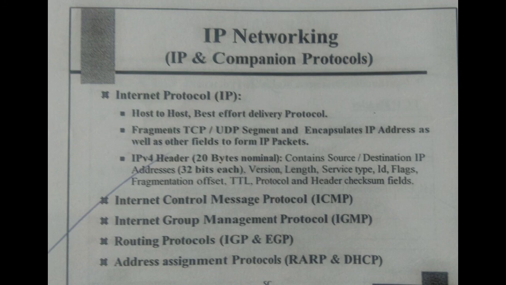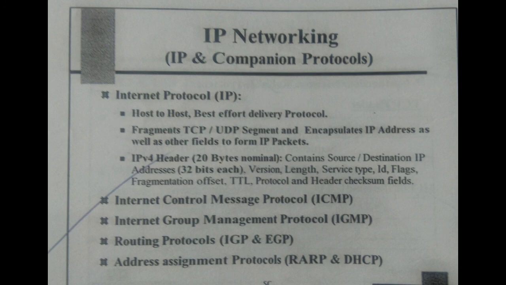It fragments TCP and UDP segments and encapsulates IP addresses as well as other fields to form a complete IP packet. The IPv4 header is 20 bytes nominal and contains 32-bit source and destination IP addresses, version, length, and service, which we have already discussed in a previous video.